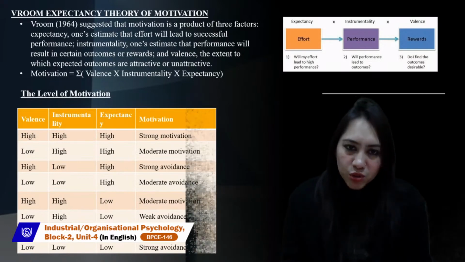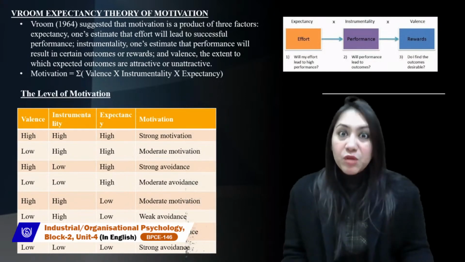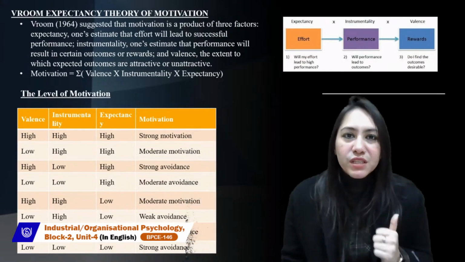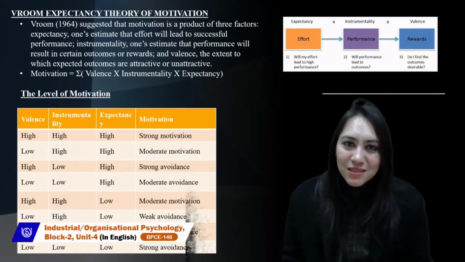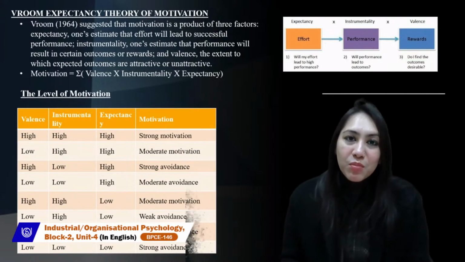High will be strong motivation. So when you know that the performance is a big performance that I have to do, you all know that the effort needs to be big, and the result will also be big. So that strong motivation of the employee will happen for such an event.